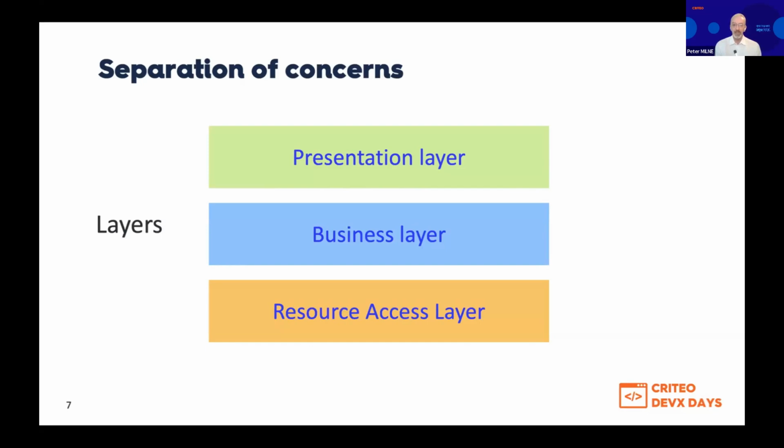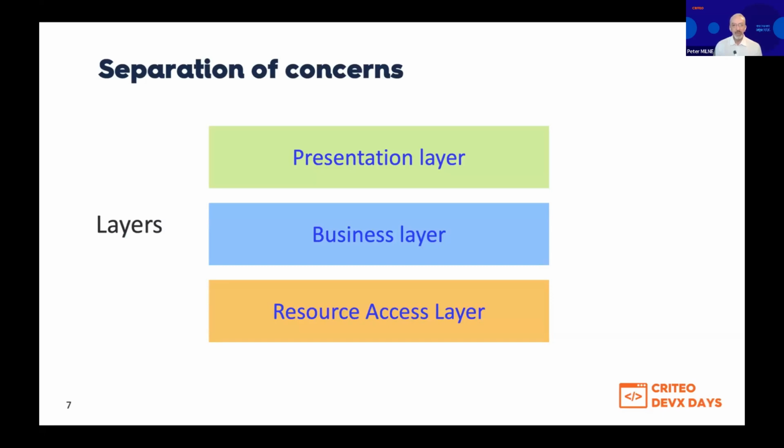The business layer is something that actually does the mechanism of the system. And the resource layer accesses, say, persistent storage. So that's an easy way. We learned this layered architecture came about in the mid-80s, and most of us have grown up with it. So that's easy for us.